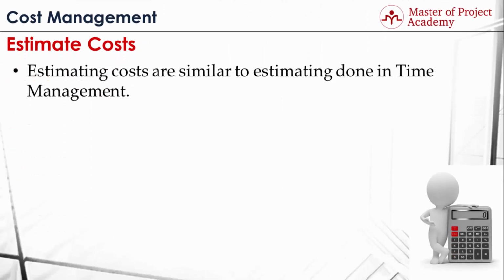Estimating costs is similar to the estimating done in time management. Each activity is evaluated, the project resources, tools, materials, etc. that will be used in that activity are considered, and a cost estimation for each project activity is determined in the end. After cost estimation for each activity is completed, overall project budget can be determined respectively.